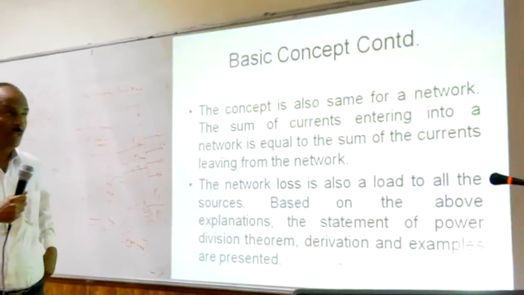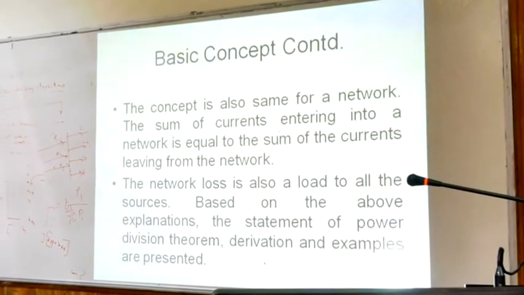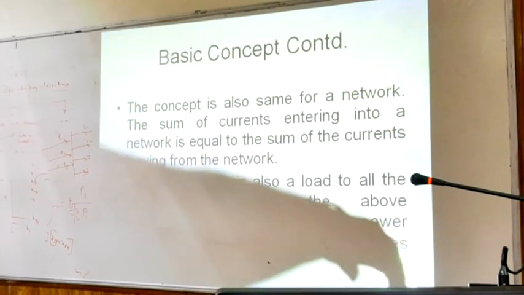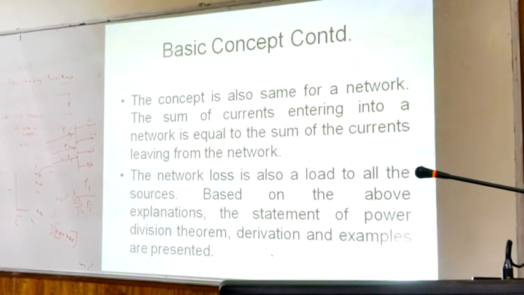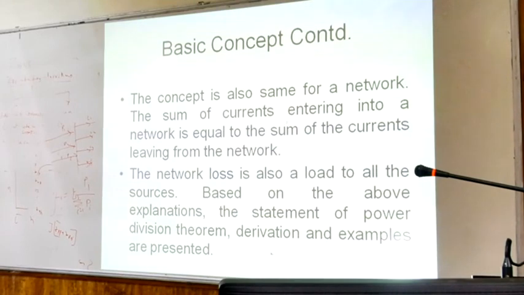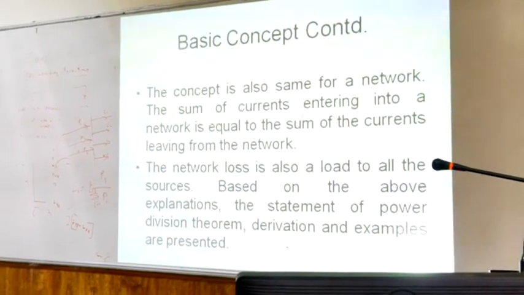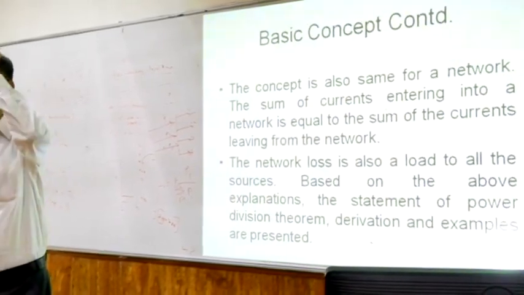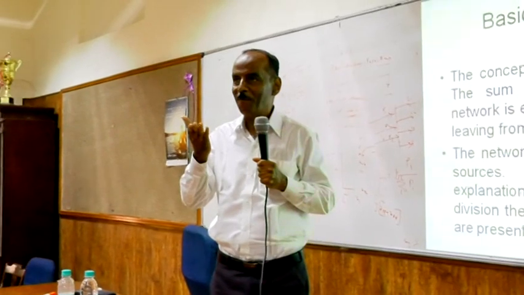This is not only for the node; for the network also it is the same concept, because the total current entering the network is equal to the total current leaving the network. And also inside the network, at a particular operating point, at any node in the network, Kirchhoff's current law is valid. You cannot violate that. Am I correct?